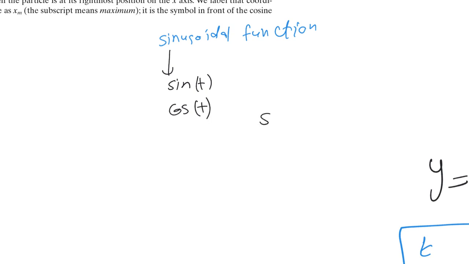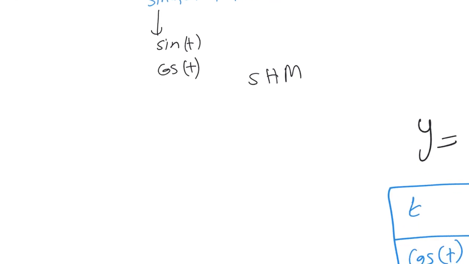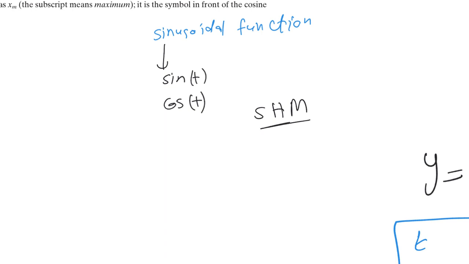So simple harmonic motion is a periodic motion, okay, is a harmonic motion, but this motion is always in a mode of sine t or cosine t.